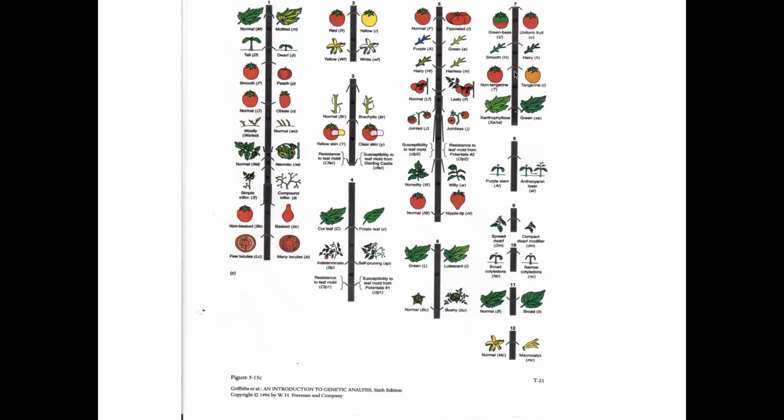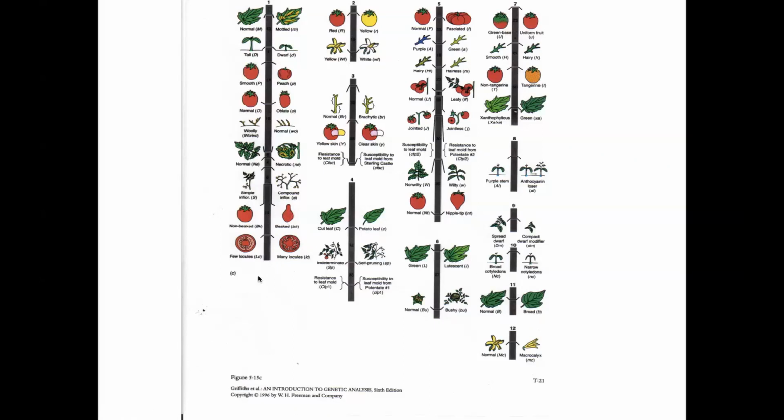And you can see on most of these chromosomes, there's been more than one gene localized to that chromosome. So on chromosome 1, the largest chromosome, they've got maybe 9 different genes that they mapped. And you can see that they're in a very specific order.